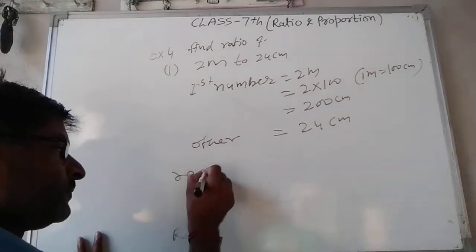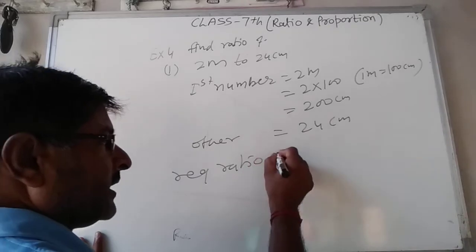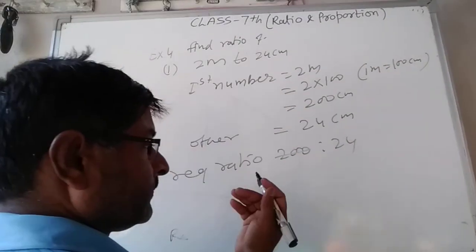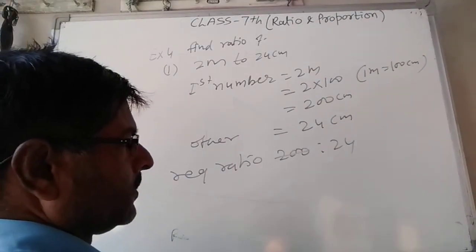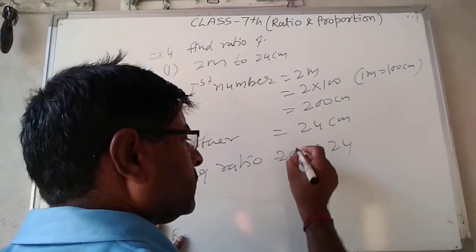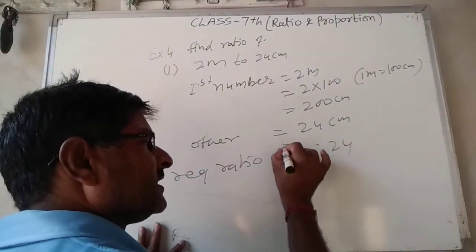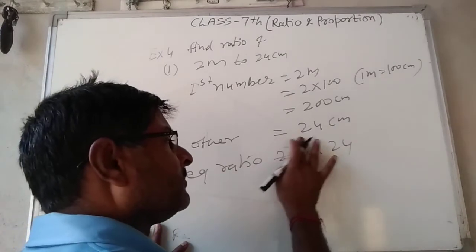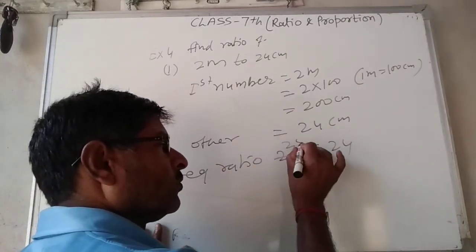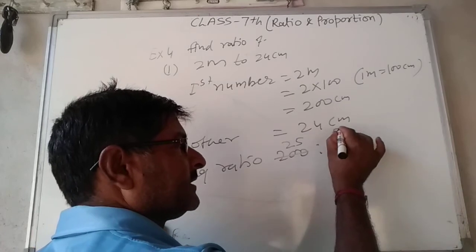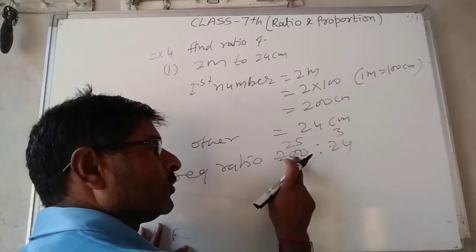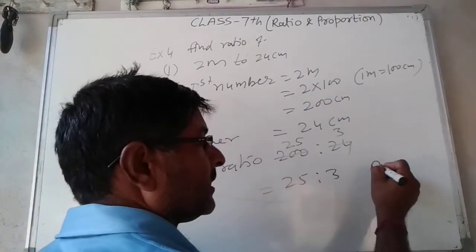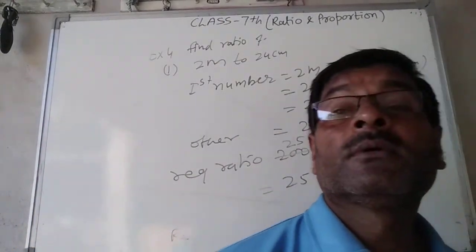So the required ratio is 200 ratio 24, दोनों को कैंसिल कर देंगे. 4 can cancel, 50; 8 can cancel both the numbers, 25 8 जा 200, 8 3 जा 24. So 25 ratio 3 is the answer. So thank you.